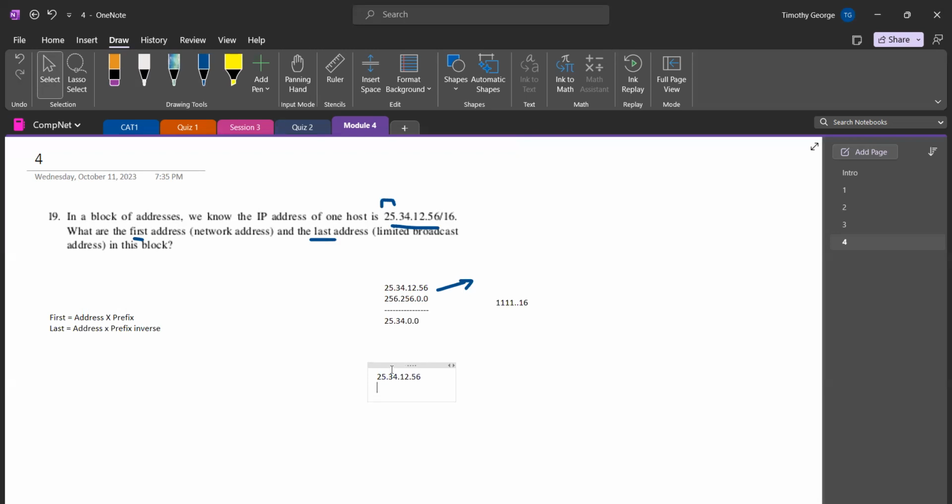Inverse of 256, 256 would be 0, 0, 256, 256. And here, oh, I've made a mistake. It's not times, it's plus prefix inverse. Here you'll get 25, 34, 256, 256.